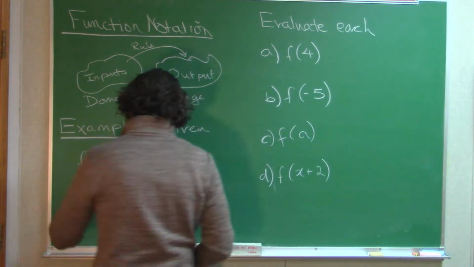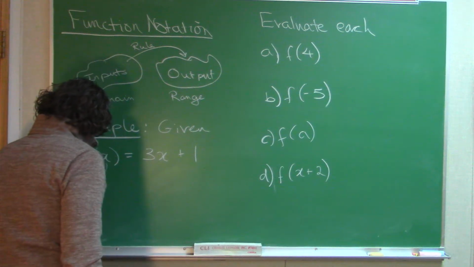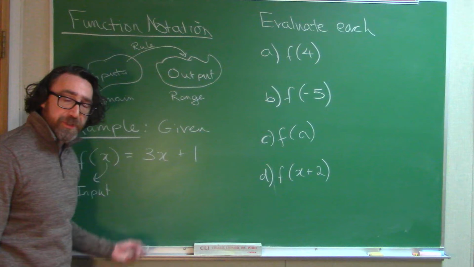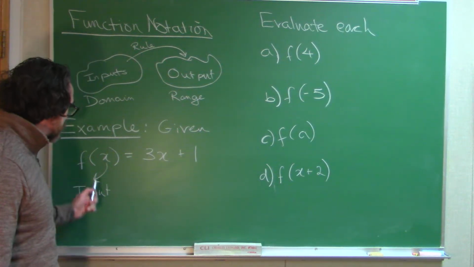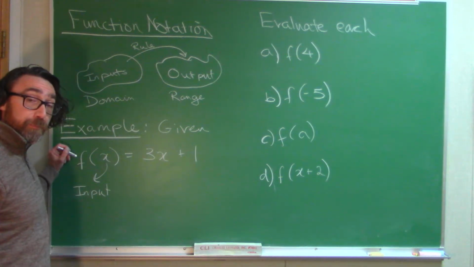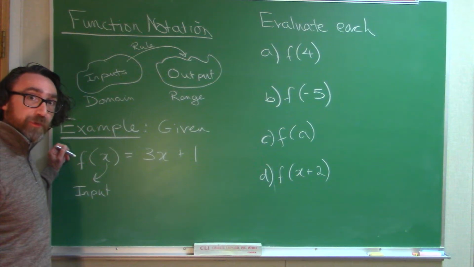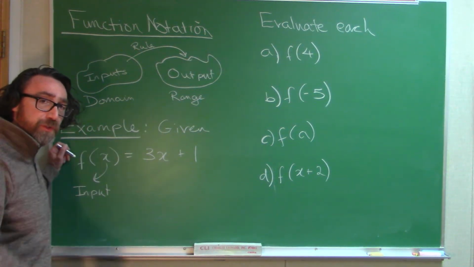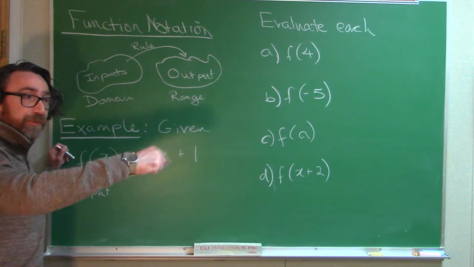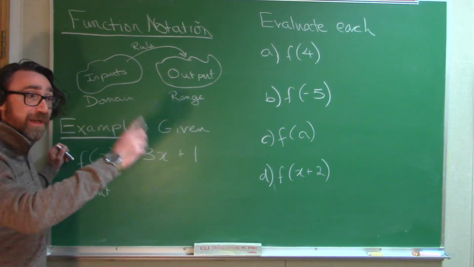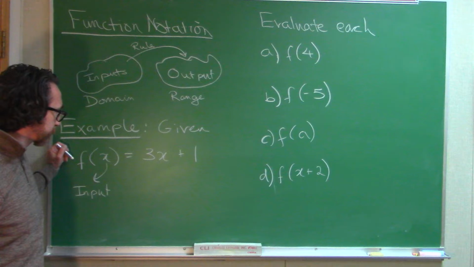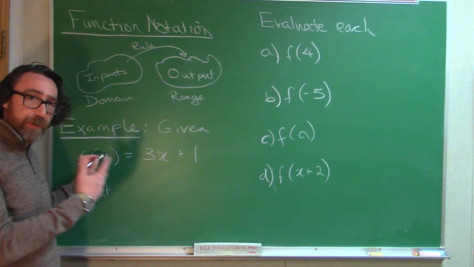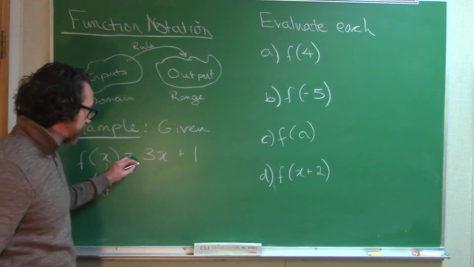Before we do that, I want to spend a little bit of time discussing what this notation means. So this letter here is the function's name. Typically we'll call it f. If we have to deal with several functions at once, we'll have to name each one a different thing. We might have f, g, and h. The quantity here in parentheses represents the input value.